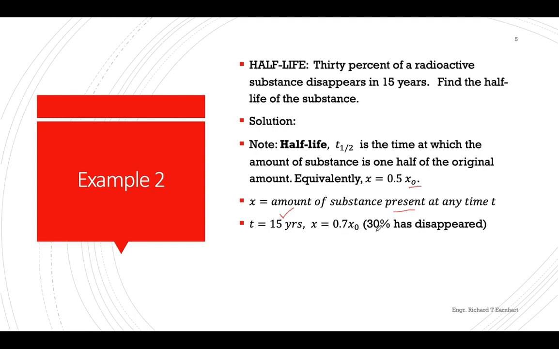So if 30% has disappeared, 70% remains, or 70% of x sub o is remaining.